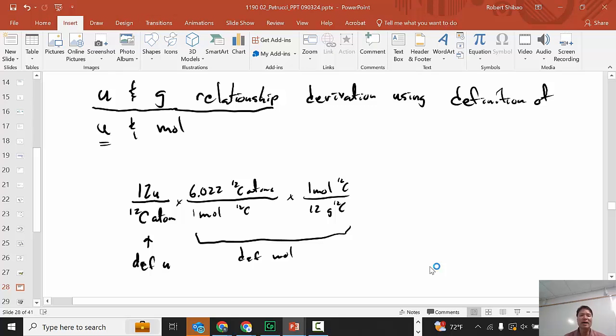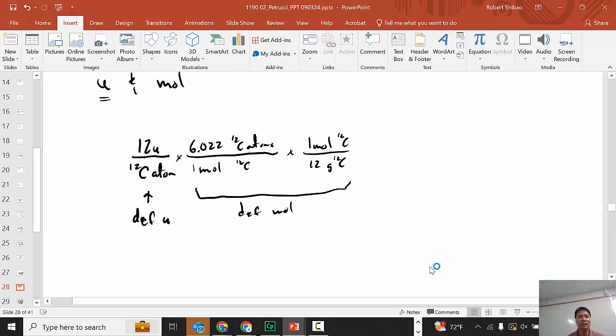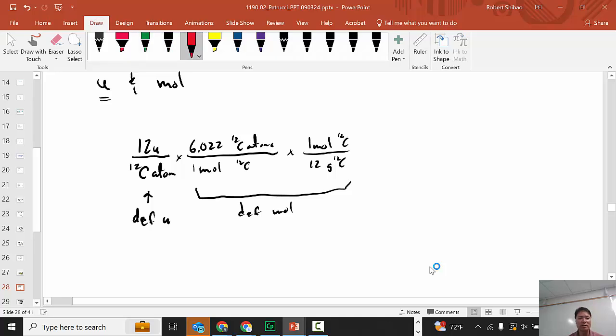And then use some dimensional analysis, we'll be able to figure out the relationship between U and gram. So let's go ahead and cancel out the units. Carbon-12 atoms cancel out here. Mole of carbon-12 cancels out here. 12 cancels out here. And this carbon-12 cancels out because this is U of carbon-12.